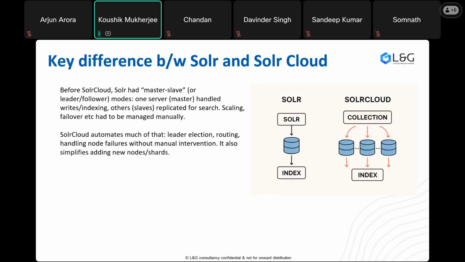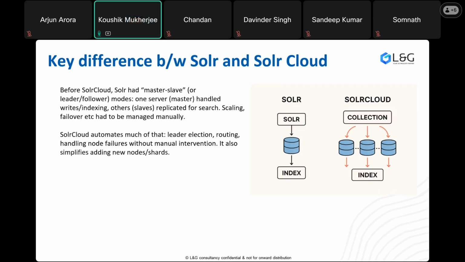Now, the key differences between the normal Solr we are mainly using in Sitecore and Solr Cloud. Normal Solr has a master and slave architecture. It mainly has one master and one slave. Maybe the slave would be replicated, but it does not have a scaling or failover architecture.